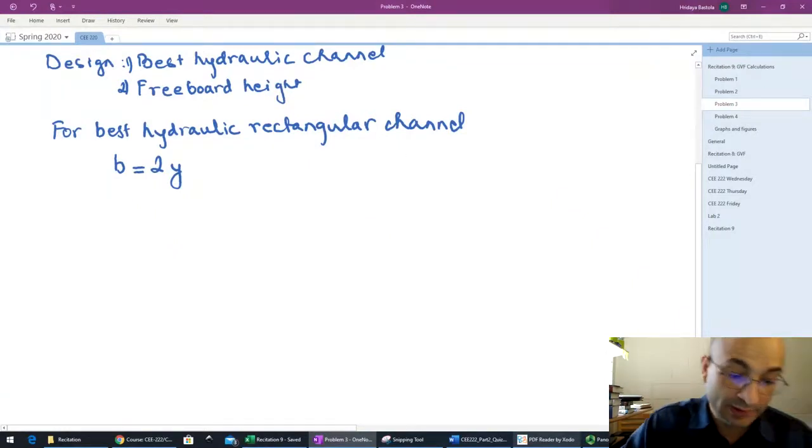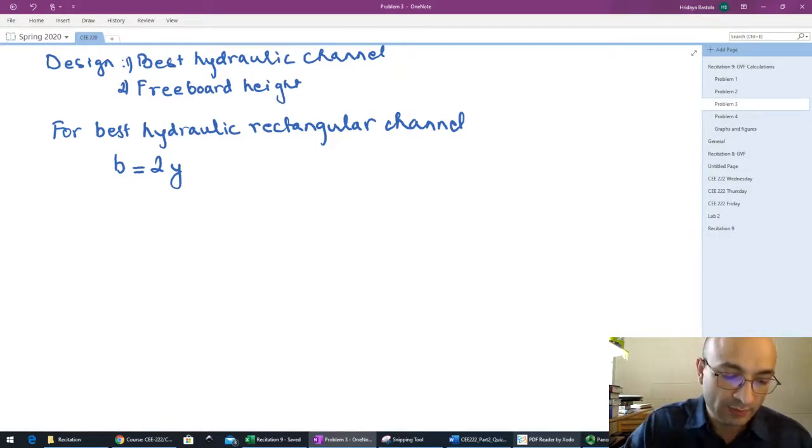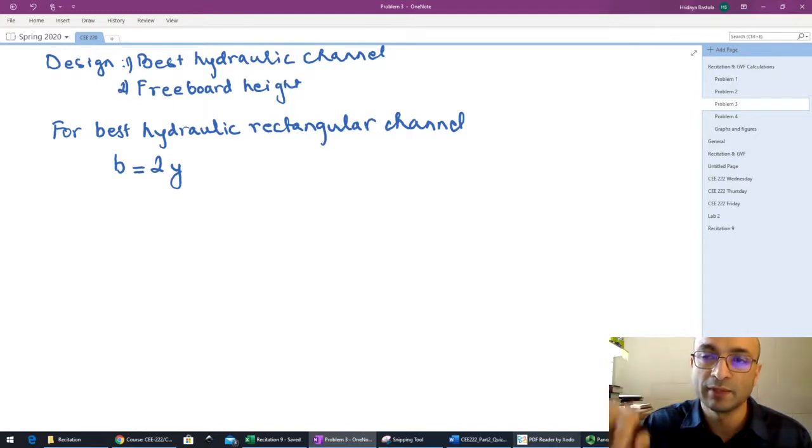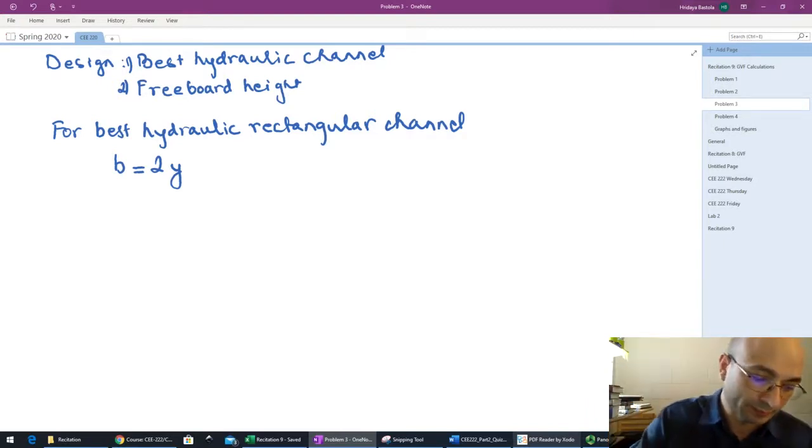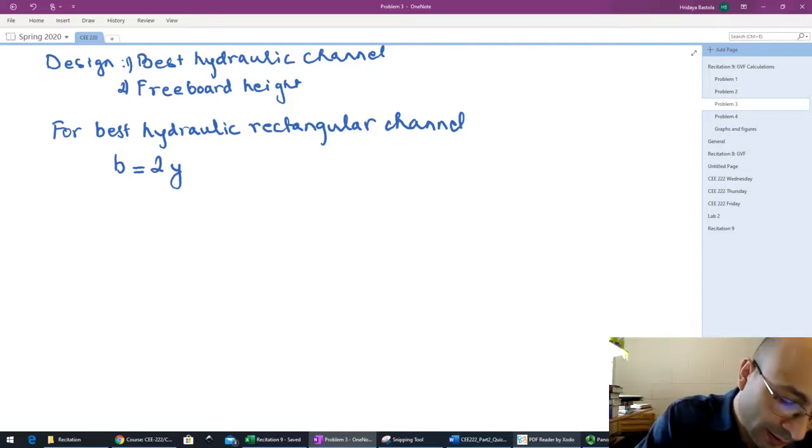For best hydraulic channels of any shape, we are trying to maximize the flow for any given area. So to do that, we would like to minimize wetted perimeter. Wetted perimeter is what resists the flow. So if we can minimize the wetted perimeter, we can maximize the flow through the same cross-sectional area.